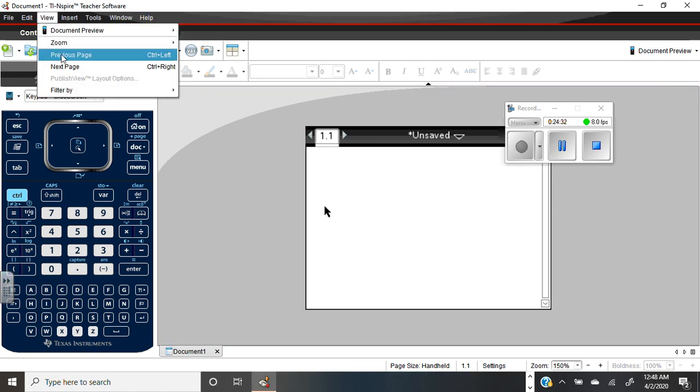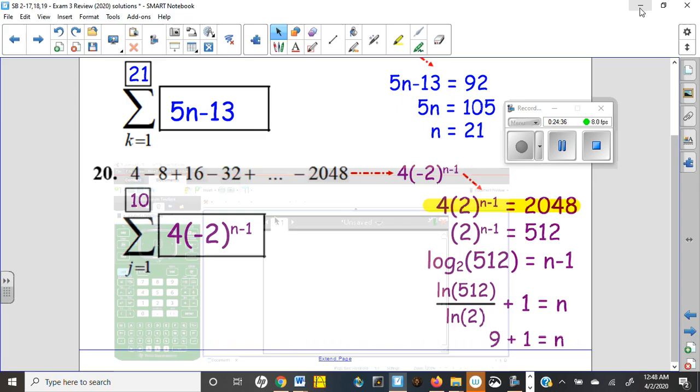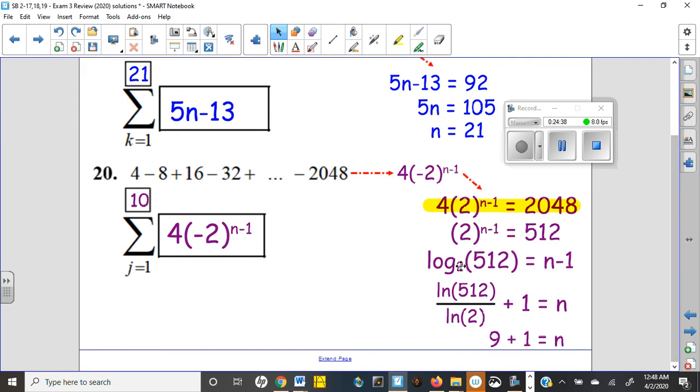So we are basically taking the log base 2 of 512. Now, if I put you into press the test mode, you would have no option but to use the change of base formula and do the natural log of the original argument divided by the natural log of the original base to figure out that that's 9.